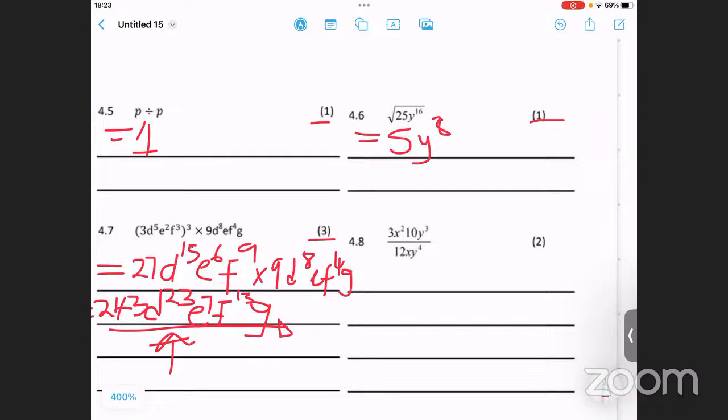Then it's gonna give you 5x because the x that is at the denominator divides the x by the numerator.